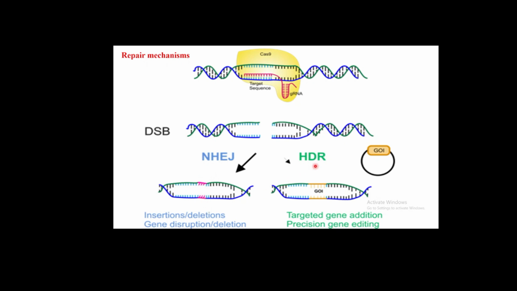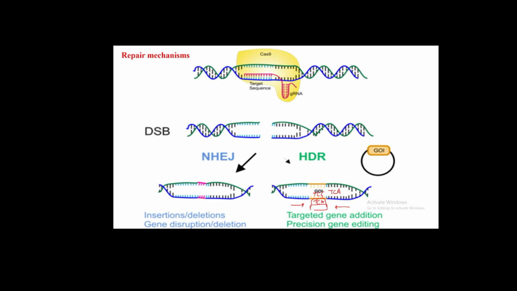And this is homology dependent repair, where you add a homologous sequence which is complementary to this particular sequence. Whatever sequence you want to have, suppose here this is TCG and you want to make it TCA, you just modify this sequence. So instead of TCG you will get TCA.